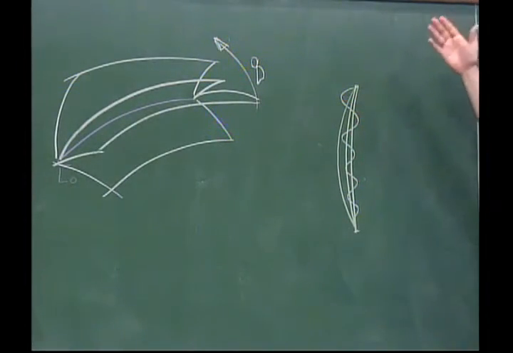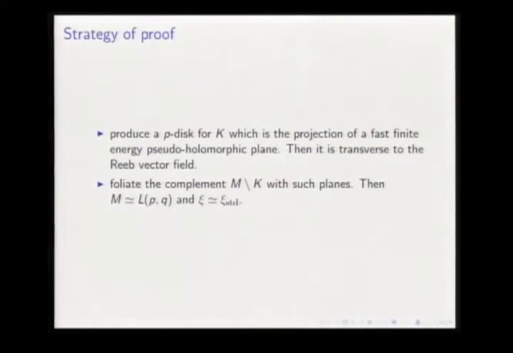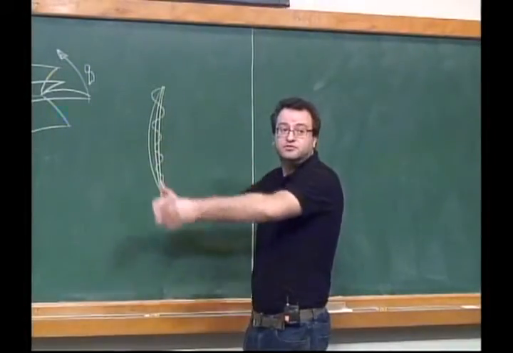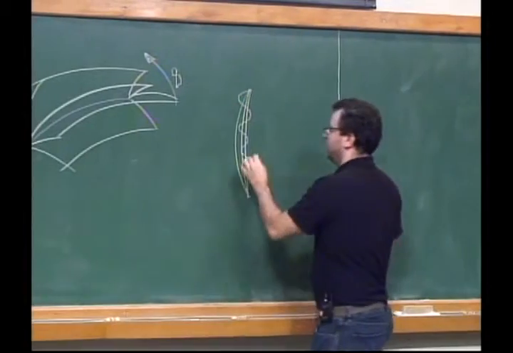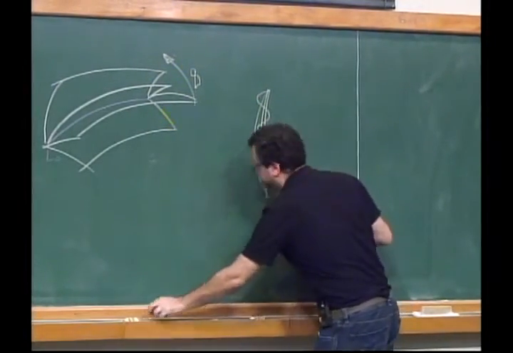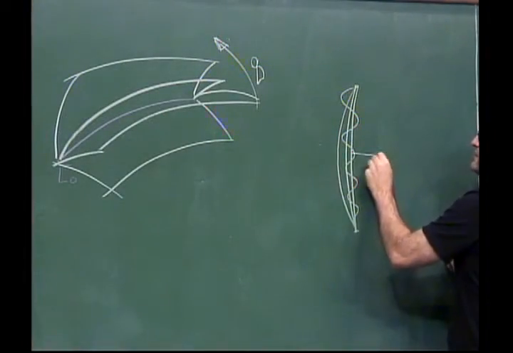Of course, to foliate the rest of the manifold, you need some compactness, and the compactness is given by that assumption on the index 2 orbits. And so you have a compact family of such disks, foliated as an S1 family, and all of such disks will be transverse to the Reeb vector field.